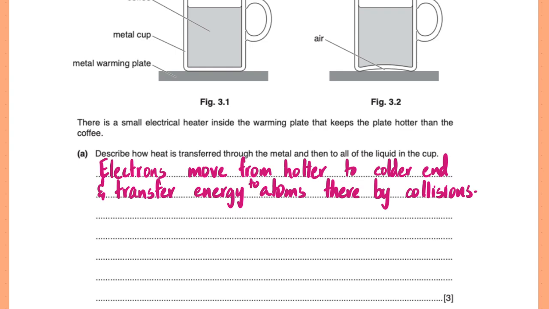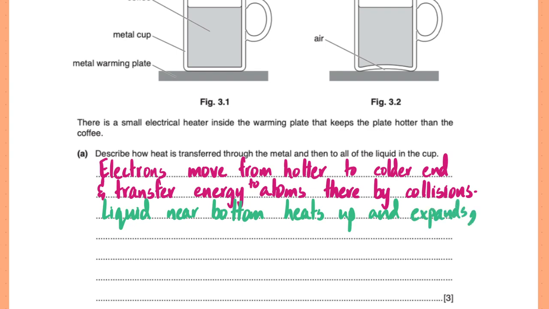So for that, I basically need to talk about convection, because that's going to warm up all of the liquid in the cup. So I'll say that the liquid near the bottom heats up and expands. Right, so this is the increase in volume, and then it becomes less dense, right?